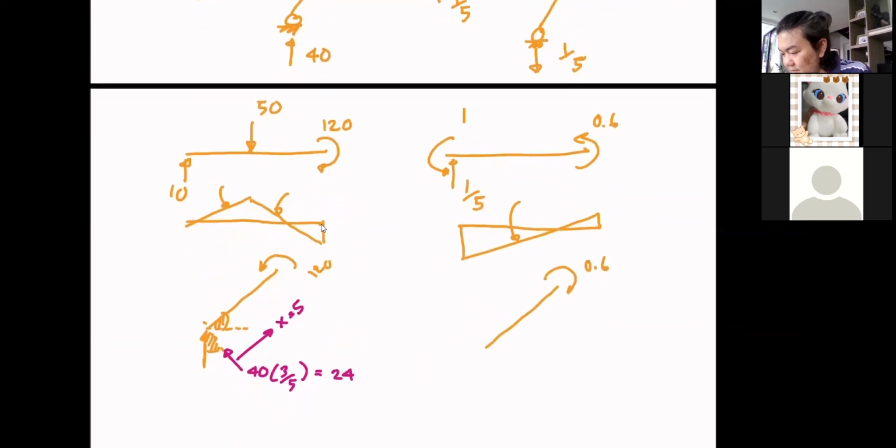We have 1/5 coming down. So the trigonometry would lead us to 1/5 multiplied by 3/5. So you get 3/25. Okay, and now x is the same, from 0 up to 5. Okay, so we are pretty much ready for that.